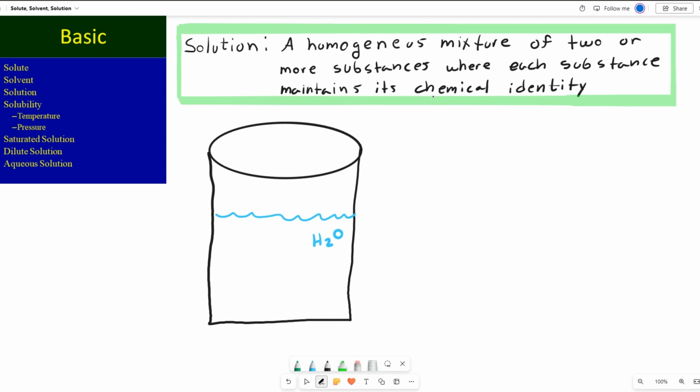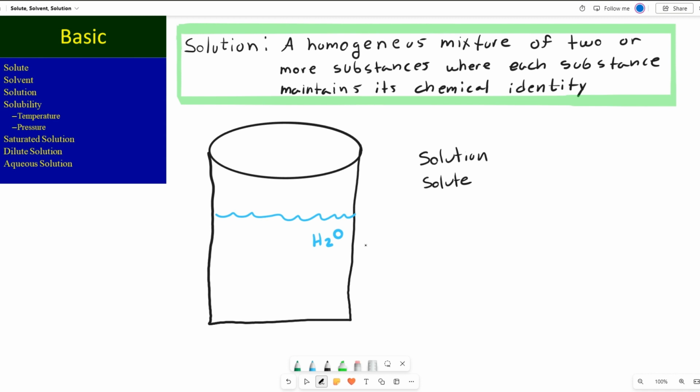So in a solution, you have two main components. You have the solute and the solvent. Now the solute is defined as the component in the solution that's in the smaller amount.